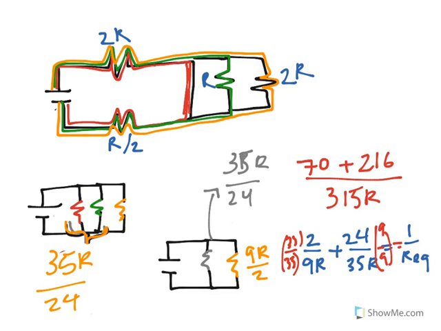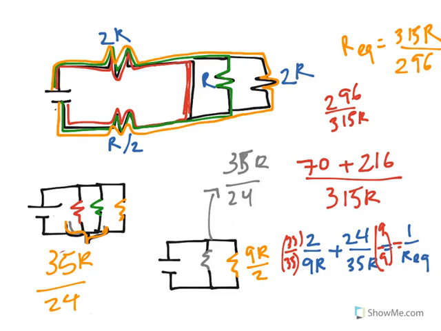So when you multiply that out, you get 70 plus 216 over 315R, and that's going to come out to 296 over 315R. And then when we flip it to get the equivalent resistance, we're going to simply get R equivalent equals 315R over 296. And therefore, we've solved the entire circuit.